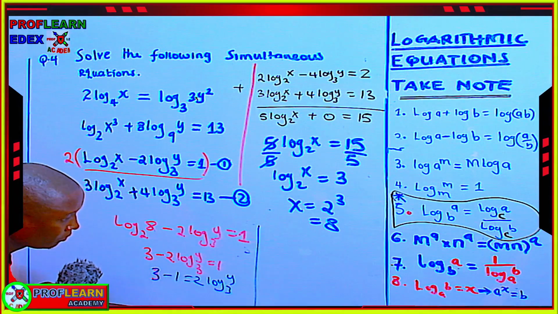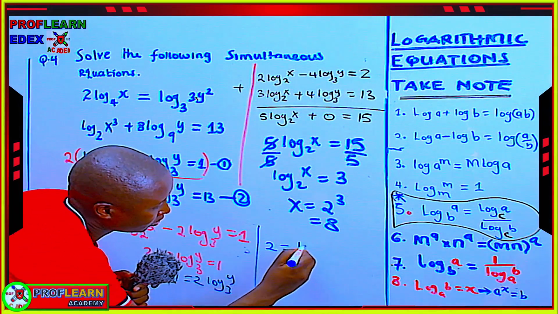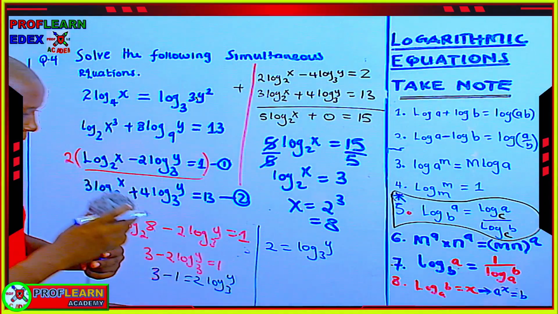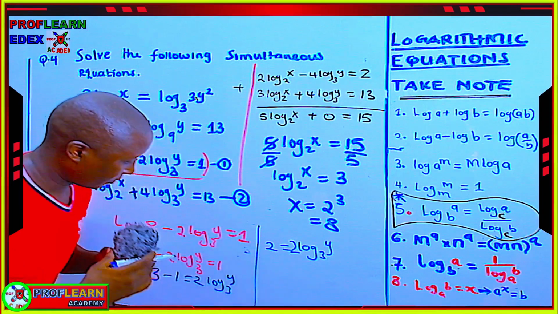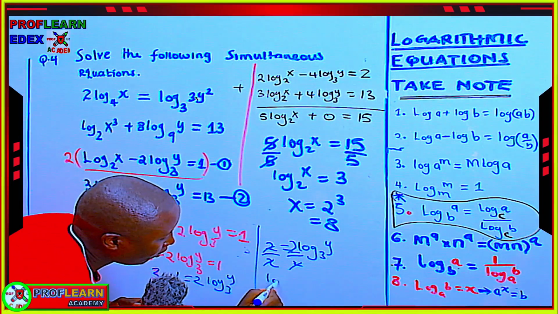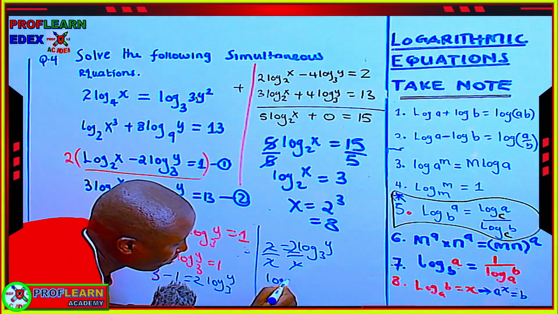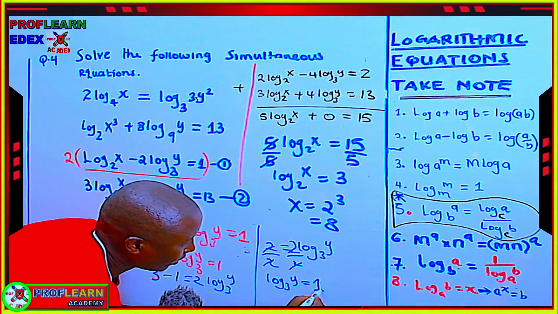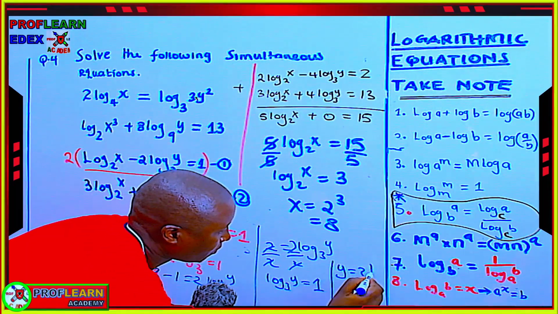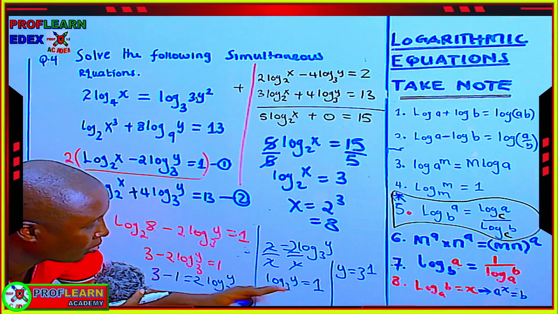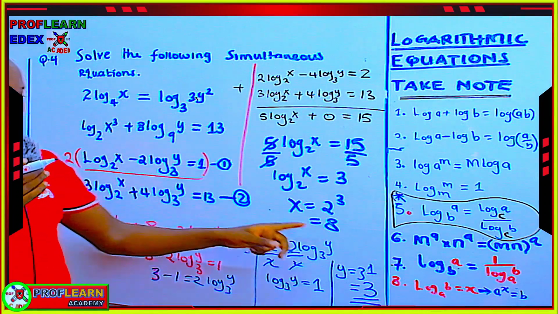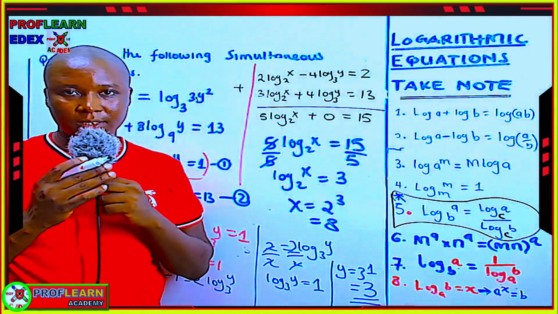So we shall have 2 is equal to 2 log y base 3, and the 2 and 2 will cancel out. We shall have log y base 3 is equal to 1. So 3 raised to power 1 is y, in index notation. So the answer for y is also 3. x is 8 and y is 3.